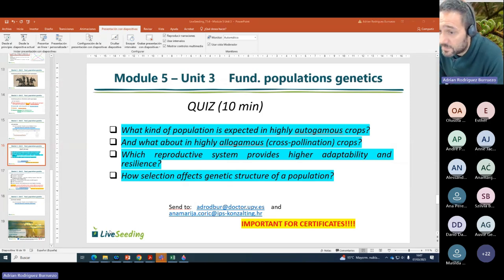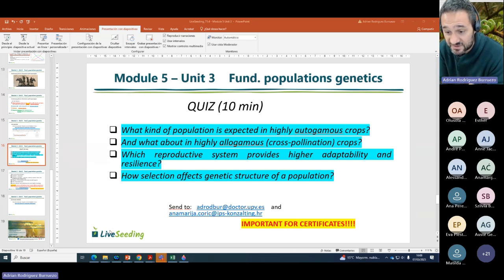Okay, the questions of the quiz. What kind of population is expected in highly autogamous crops? As I explained in the corresponding part, in a highly autogamous population, it is expected to find a plethora, a mixture of individuals, yes, but highly inbred, with plenty of genes in homozygosis and very few genes in heterozygosis.